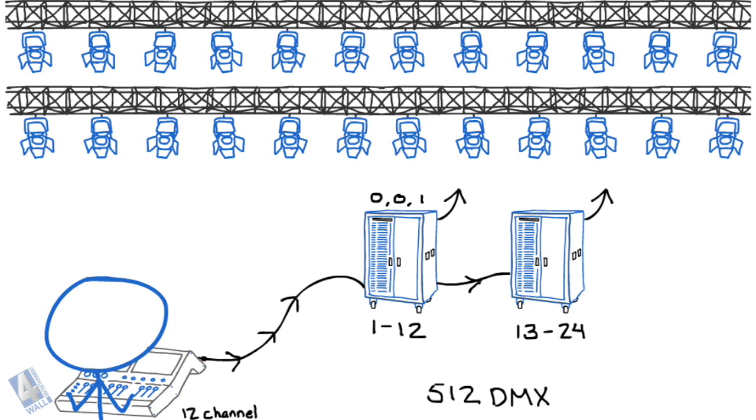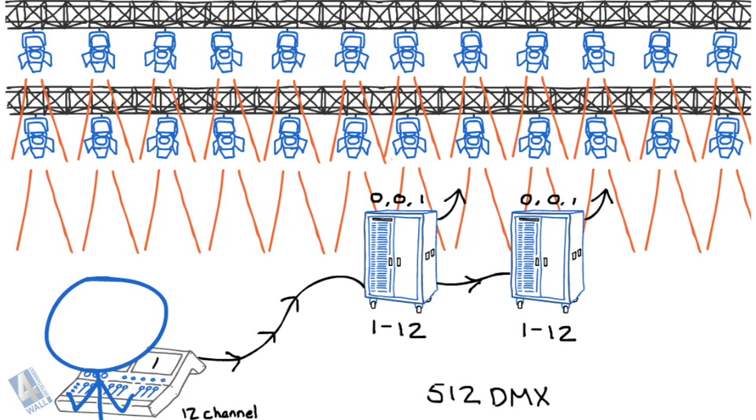DMX can make this dimmer exactly the same as that one by addressing it to 001. Therefore, it mimics this dimmer here. So when I bring up channel 1, it turns on dimmer 1 and dimmer 1 here. So whatever is plugging into dimmer 1 and dimmer 1 is going to turn on.